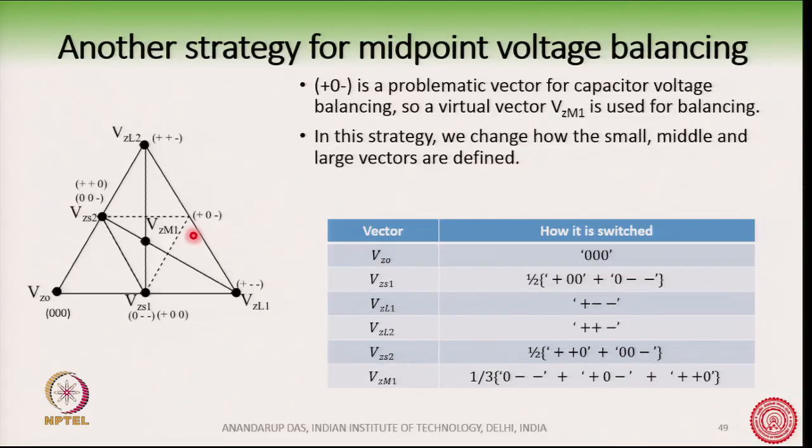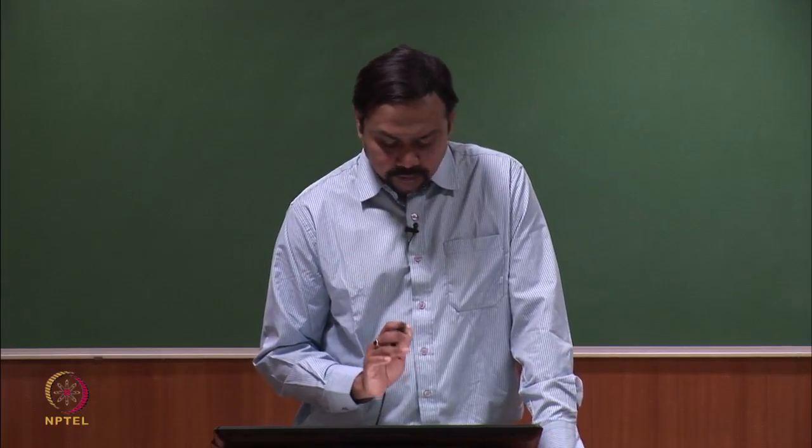So, that is why you see here we have used these black circles for the vectors, but we have not used any black circle here. So, that means this vector we will not use in the conventional way, we will redefine how the vectors are. Okay. So, how do we redefine the new vectors in this sector?